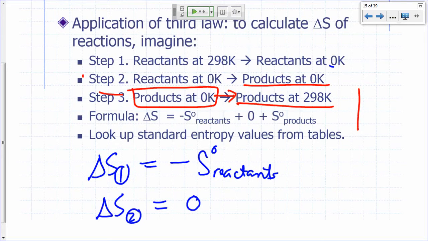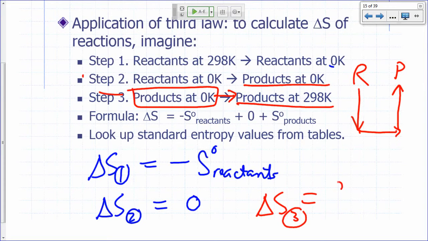So your reactants go down from 298 Kelvin to 0, change to products at 0, and come back up to products at 298 Kelvin. Delta S for step 3 is just the sum of the standard entropies of the products.